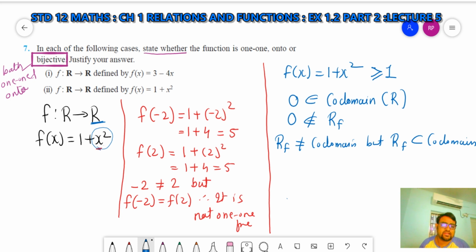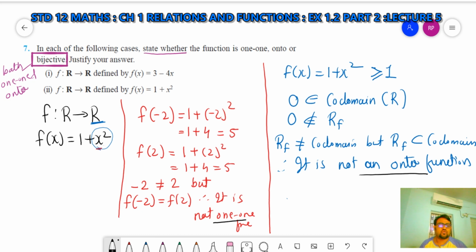Hence it is not an onto function. So see here, it is neither a one-one function nor an onto function. Therefore, it is not a bijective function.